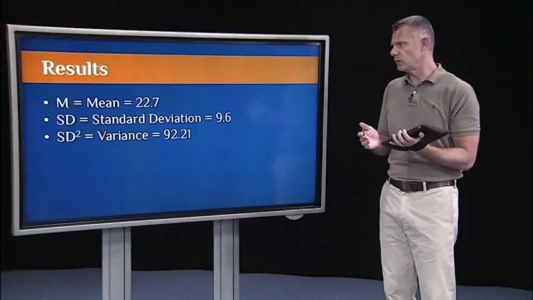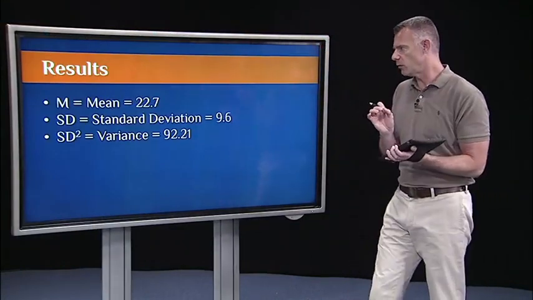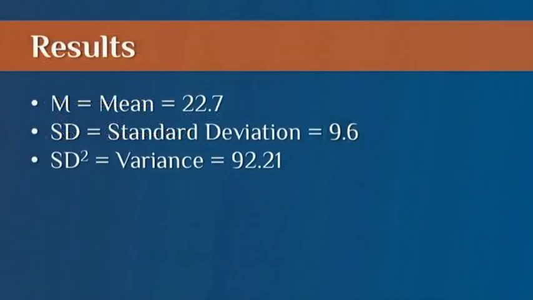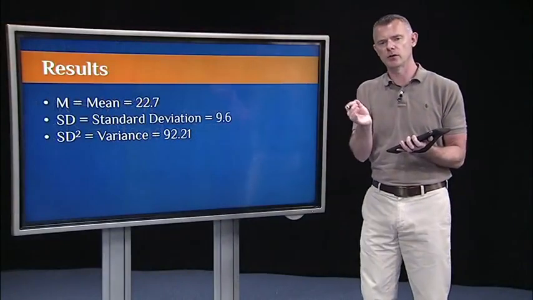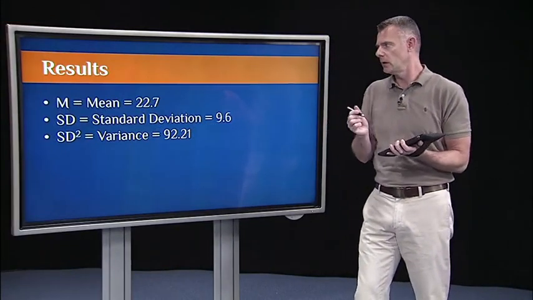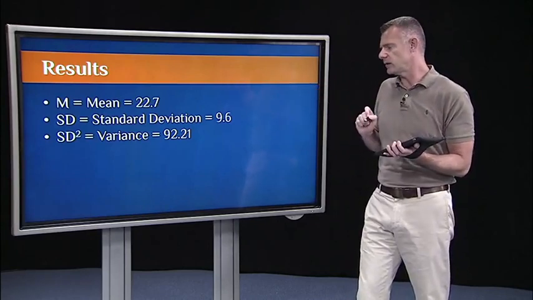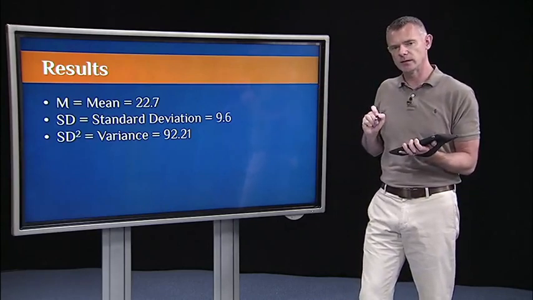So to summarize those results, his average points per game, or mean, was 22.7. The variance, standard deviation squared, was 92.21. It was the sum of squared deviations divided by n. For short, we're going to call that sum of squares divided by n. If we take the square root of that, we get the standard deviation, 9.6.